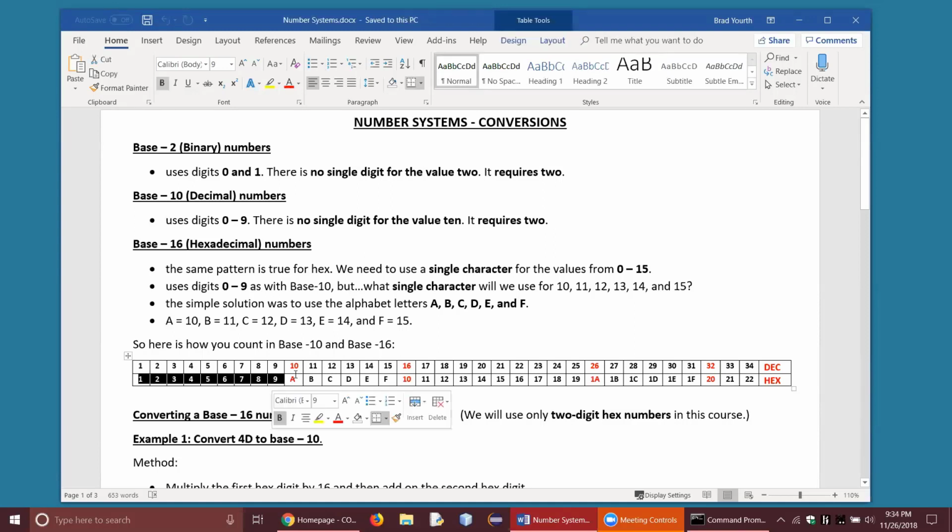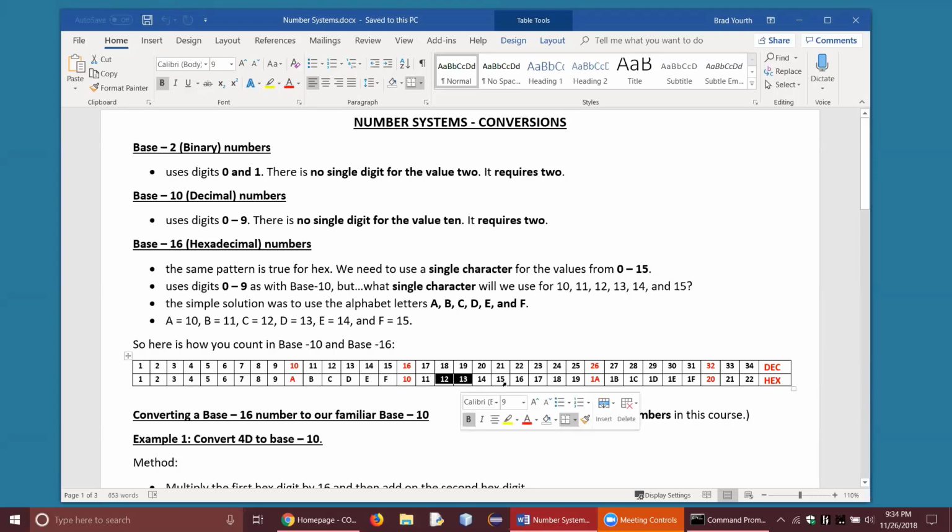But then at the value of 10, you represent it with an A, according to what we decided upon up here. 11 is B, 12 is C, 13 is D, 14 is E, 15 is F. And then we get to 16 in base 10. Well, we write that as 1 0 in hexadecimal. 17 is 1 1. 18 is 1 2, and so on, all the way through.